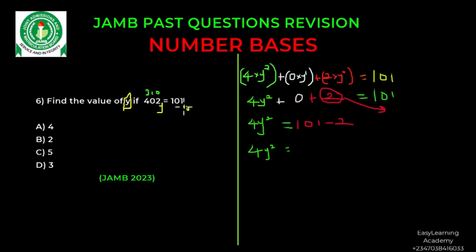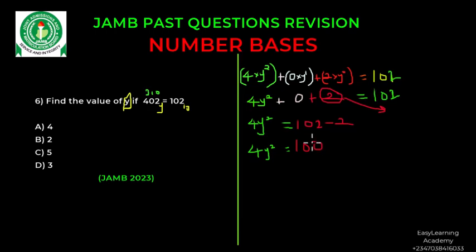So we're going to change it. Everything here is going to change to 102, right? So now it will be 102, and here also will be 102. So 102 minus 2 will give us 100.